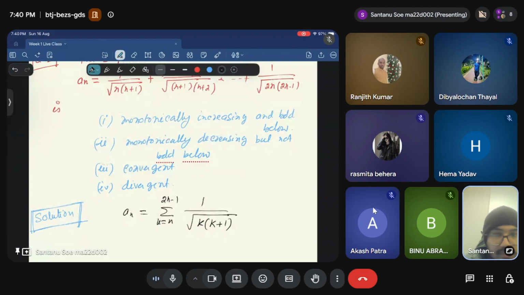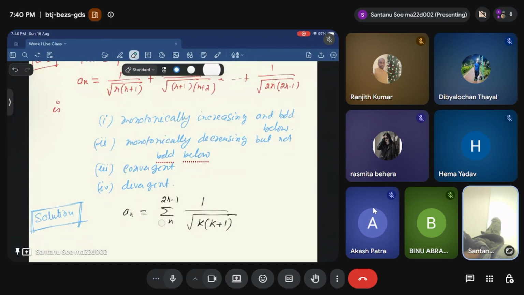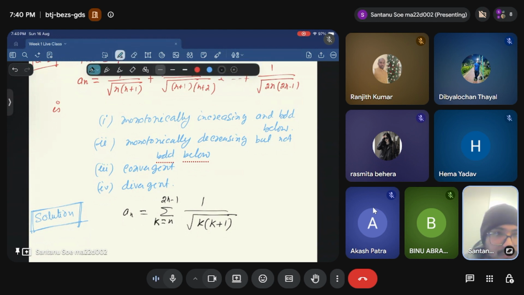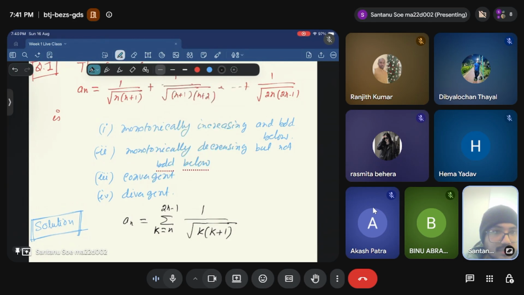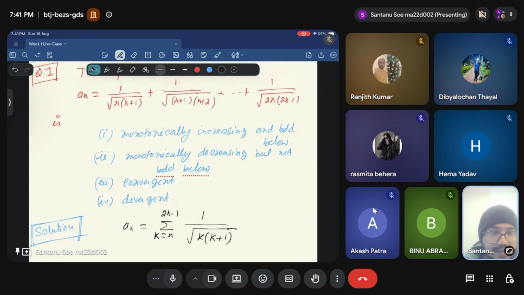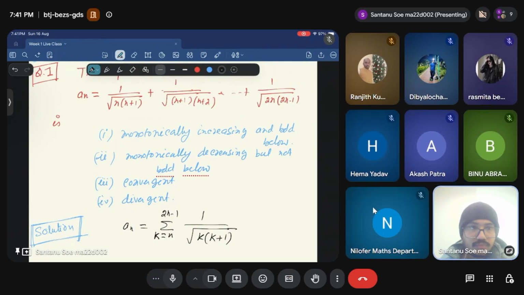Is it understandable how it comes? For example, if you put k equals n, the first term is 1 divided by square root of n into n plus 1. Similarly, if you put k equals n plus 1, it will be 1 divided by square root of n plus 1 into n plus 2.